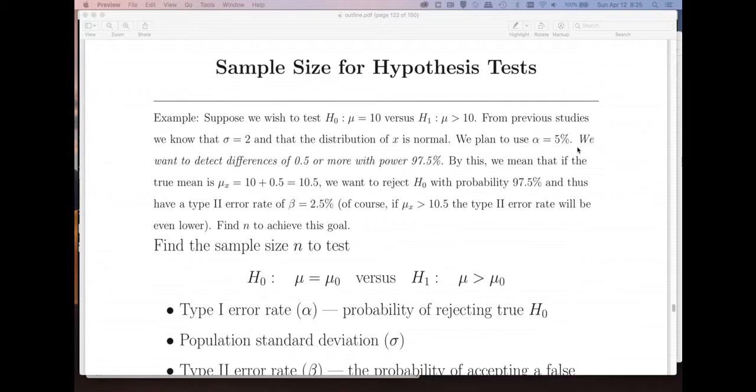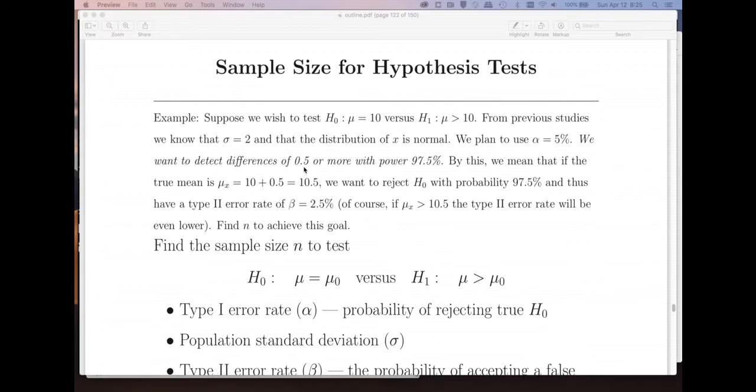Now, when we do sample size calculations for hypothesis testing, we have to specify a magnitude of the difference that we want to detect. So in this case, let's say I'm really interested in differences of a half or more.